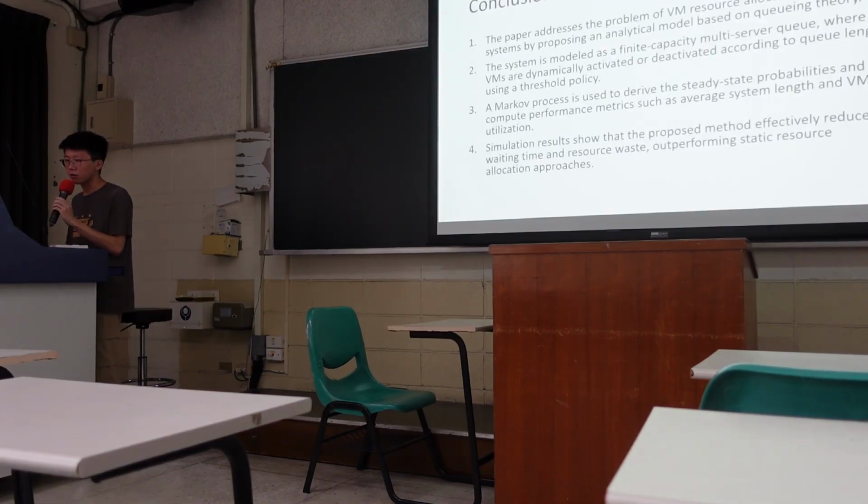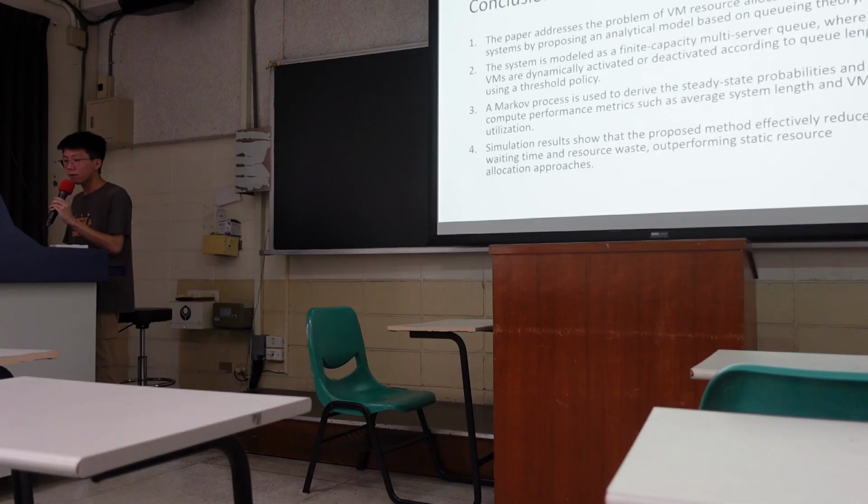And this is my conclusion. The paper addressed the problem of VM resource allocation in cloud systems by proposing an analytical model based on queuing theory. The system is modeled as a finite capacity multi-server queue where VMs are dynamically activated or deactivated according to queue length using a threshold policy.